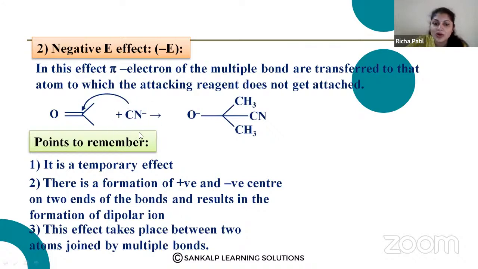The CN minus attacks the pi electron cloud, and CN gets attached not to the oxygen atom but to the carbon, the atom from which the attacking reagent does not get attached. So at this position, your CN minus gets attached.